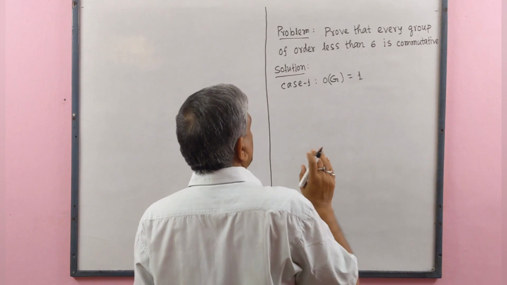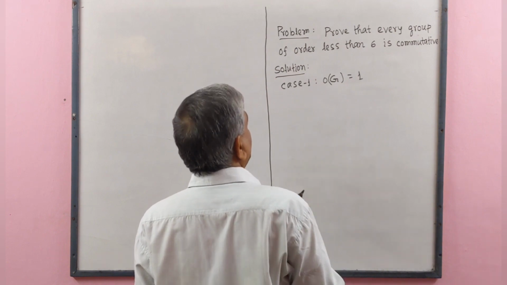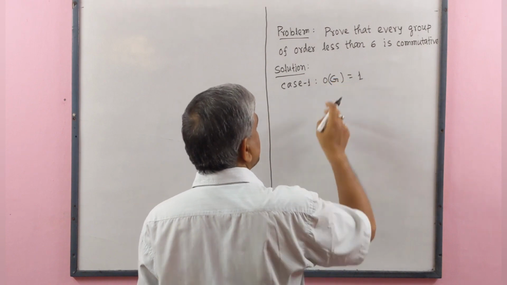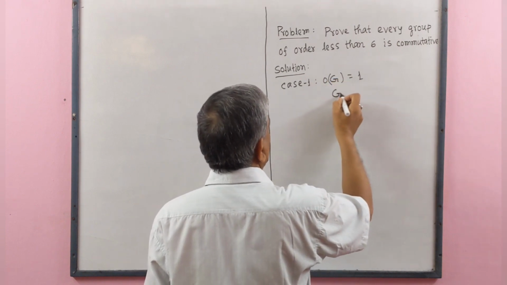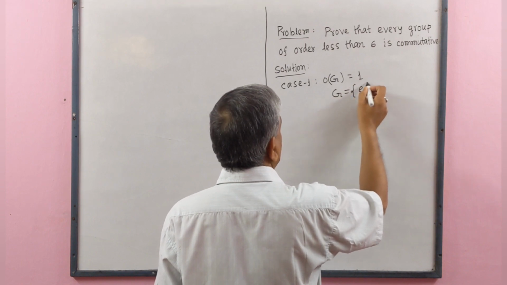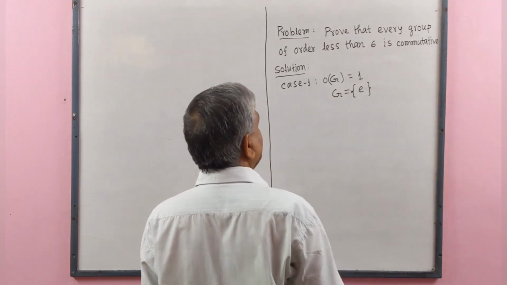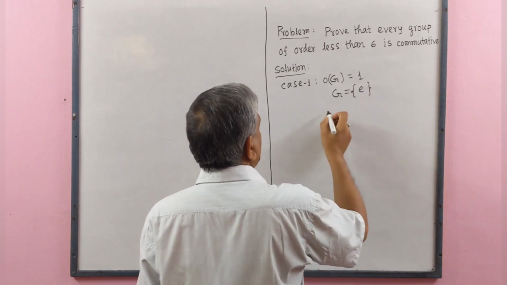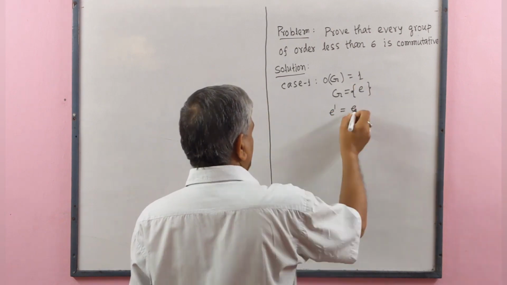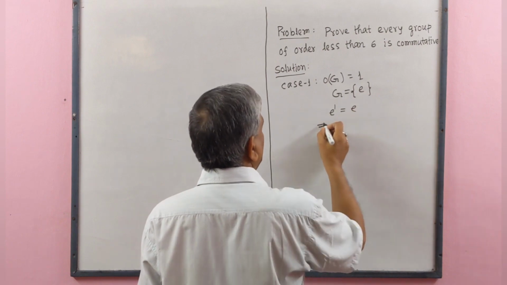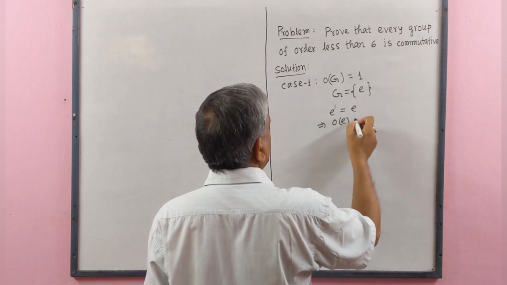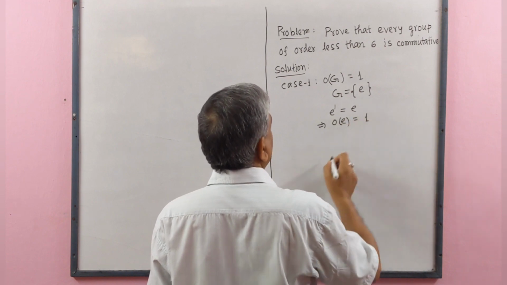Since the order is 1, that means this group contains a single element, that is identity element. Here e to the power 1 equal to e, identity element, implies that order of e equal to 1.